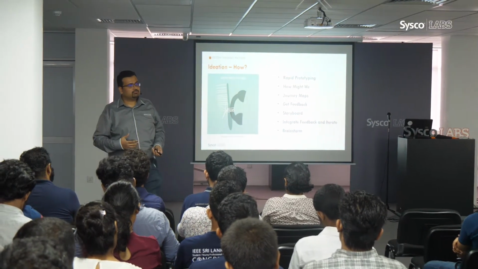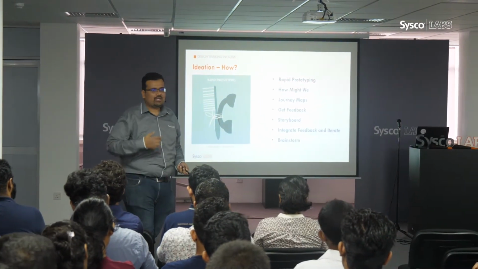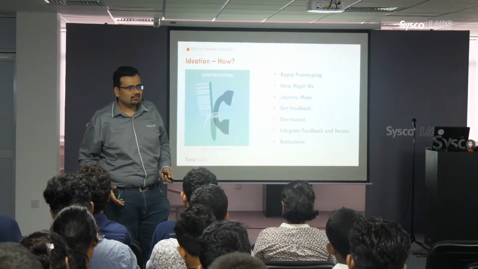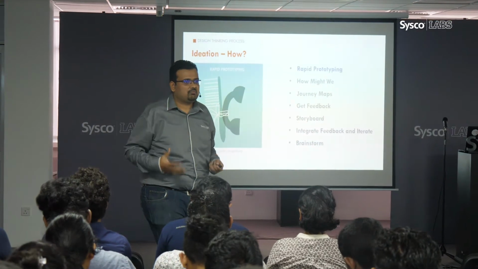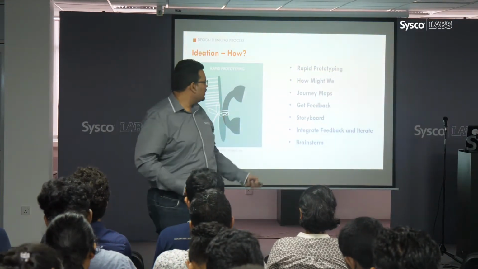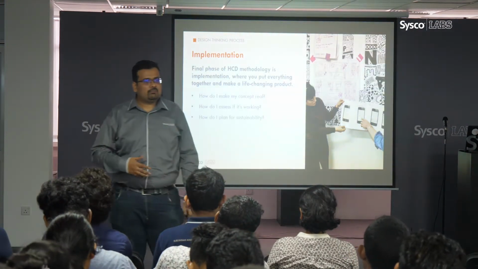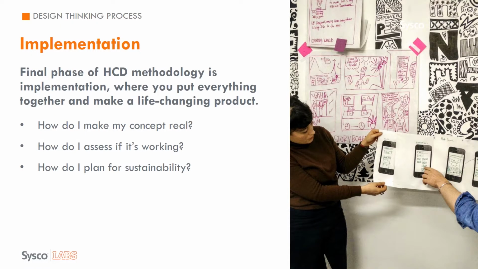Right, so we have tested feedback right now, so we have a prototype. So what's next? I have done something, so what can I do next? The next is all about implementation. When it comes to implementation, common questions that would come to your mind are: how do I make my concept real?